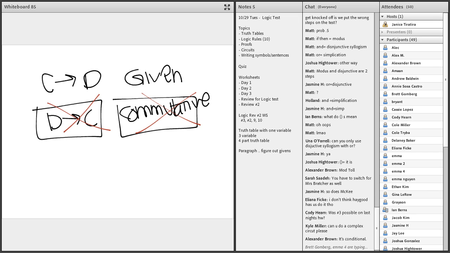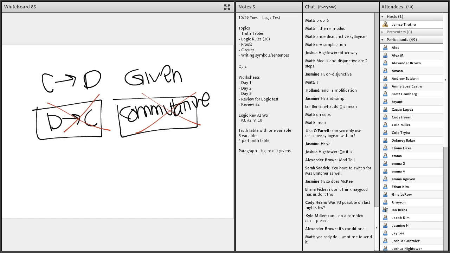So for if-then sentences, we can only do contrapositive, converse, etc. Oh, thank you, Matt. That's very helpful because I think I did number 3 already. Yeah, Cody.